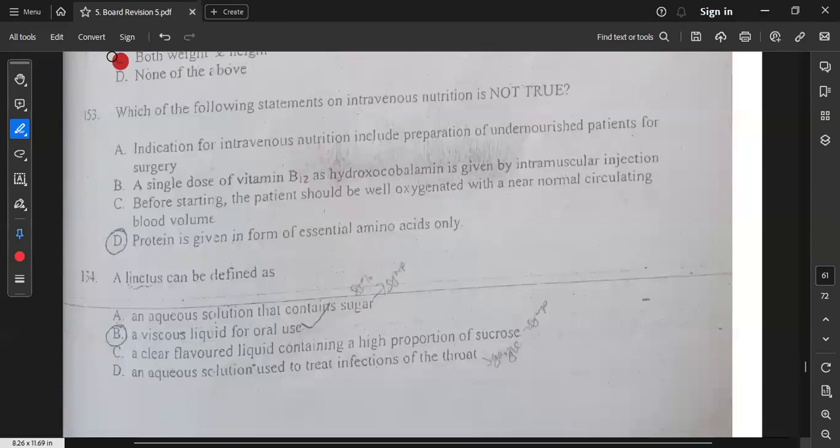Or protein is given in form of essential amino acids only. So which one is not true?